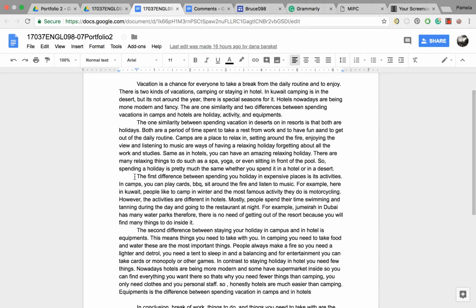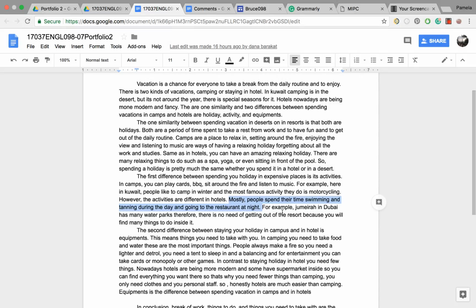Notice also that in your second body paragraph, you talk about camps, and then you do say, however, the activities are different in hotels. This sentence here says mostly people spend their time swimming and tanning during the day and going to the restaurant at night.